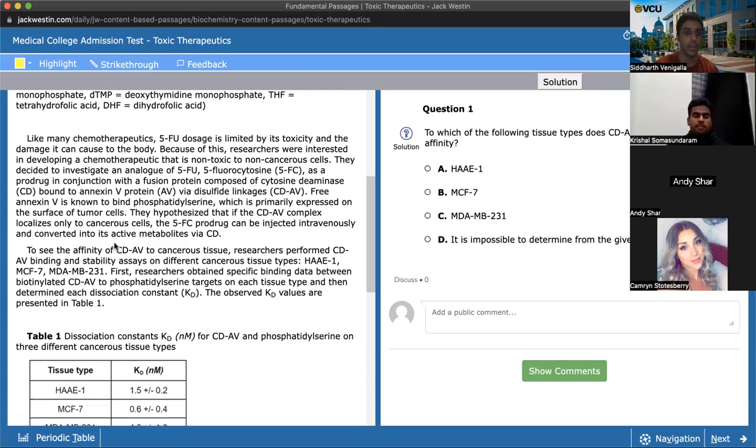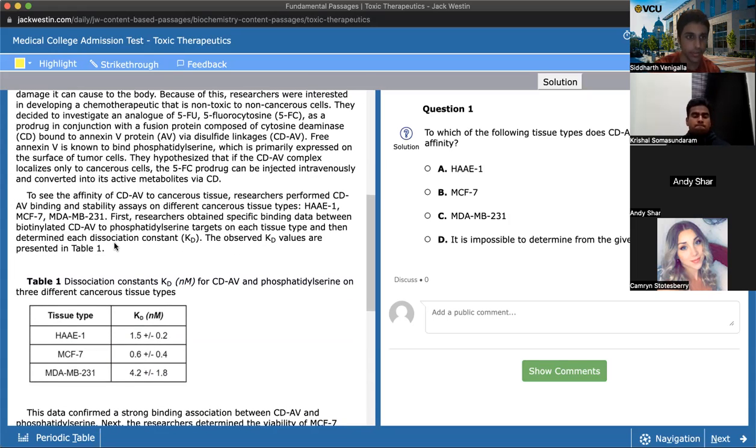Any questions about that? Okay. And so if the CD-AV complex only binds to the cancer cells, the 5-FC prodrug, remember prodrug is the fancy name for the entire 5-FC-CD-AV complex, can be injected intravenously.